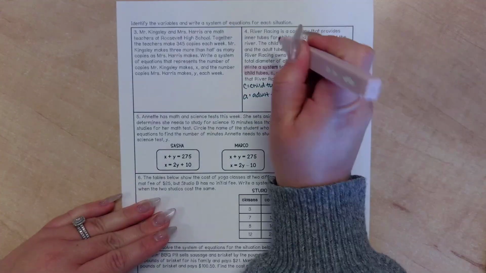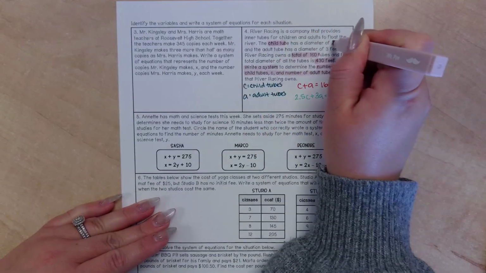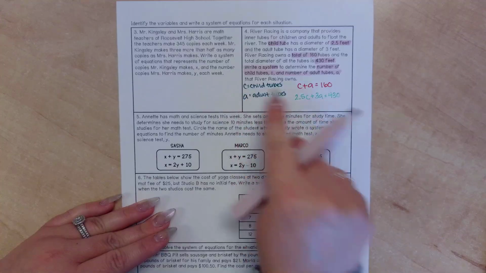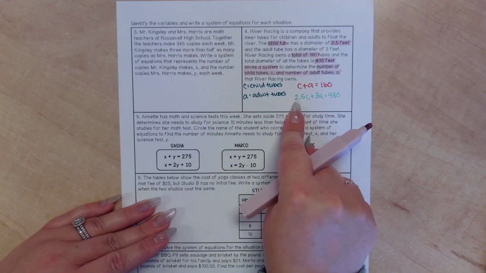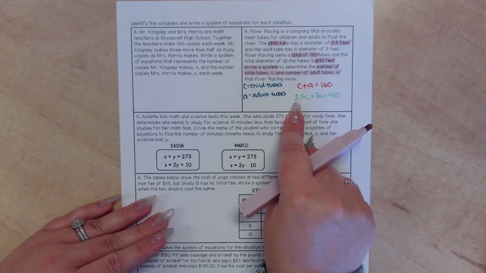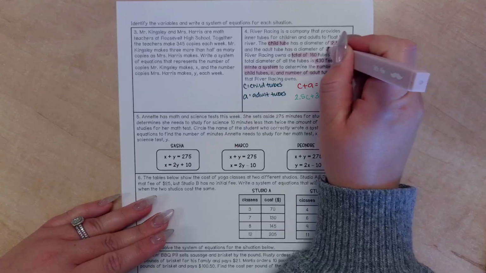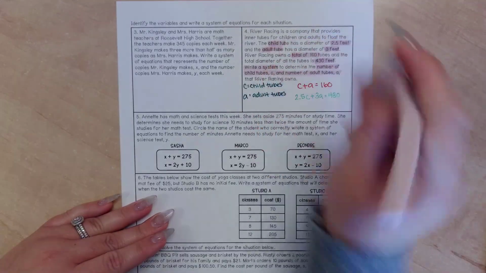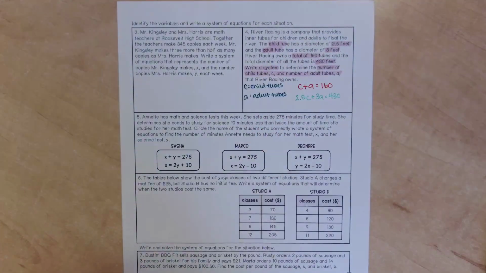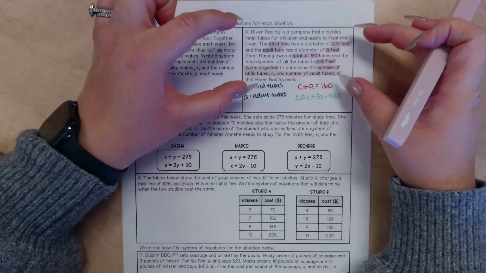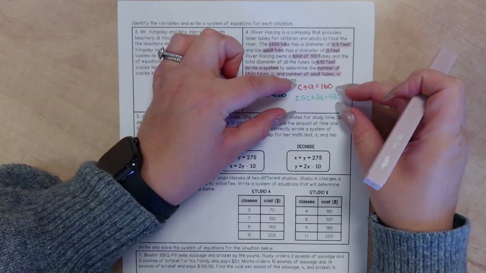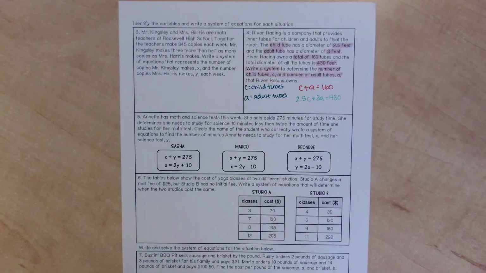And here it says the child tube has a diameter of 2.5 feet, which is why 2.5 is now the coefficient of C. And the adult tube has a diameter of 3 feet, which is now why A has the coefficient of 3. So again, writing these systems is not meant to be difficult. It's seriously you taking a really large word problem and converting it down as simple as possible so you're not having to deal with so many words.